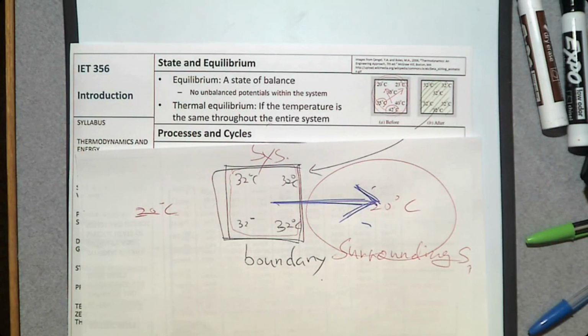Then you can do thermodynamic analysis. Then you may have a question. What about if I want to study heat transfer from 42 degrees Celsius to 20 degrees Celsius? Can't we do that thermodynamically?